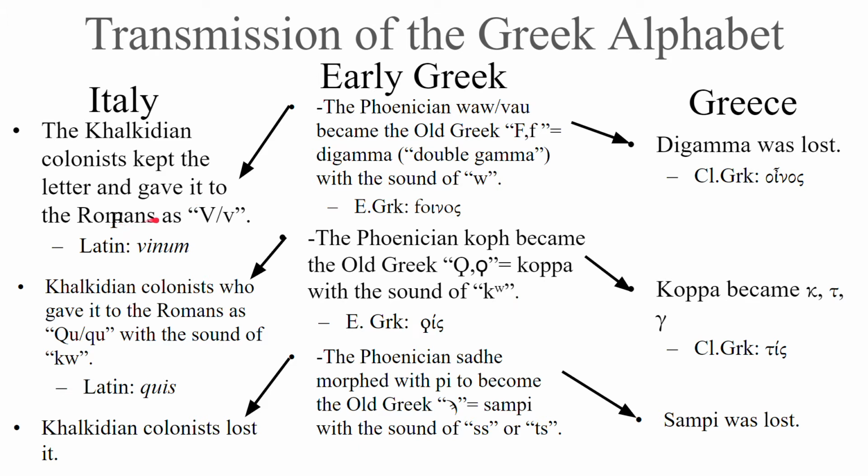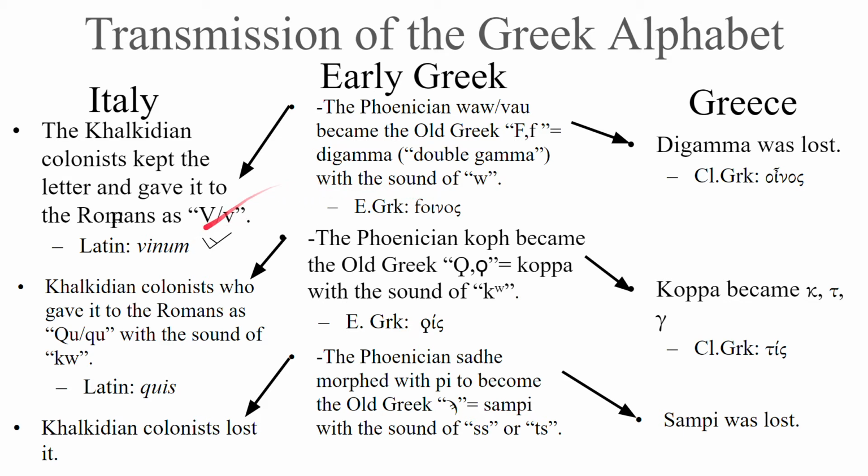If you flip around the F right here, get rid of this, you get the V. This is why the Latin V, as we know it, was pronounced as W. So that early Greek word woinos is very similar to the Latin vinum.